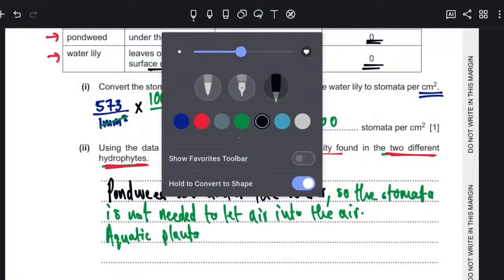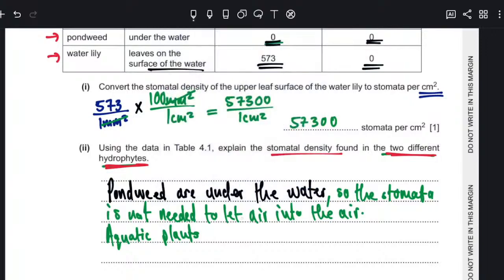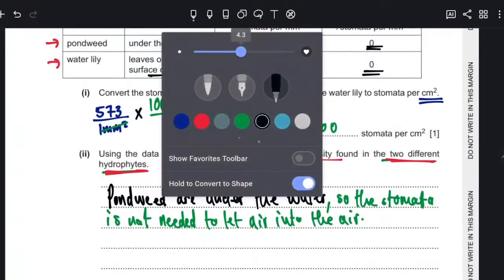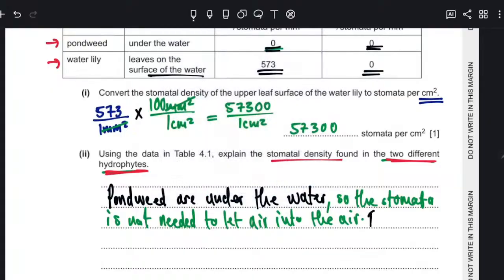Then they are going to do diffusion, but they'll be dissolved inside the water, the carbon dioxide and the oxygen, and they'll get into the leaf, whatever, it doesn't matter how. I don't want you to call it passive diffusion or direct diffusion, where it moves from one surface to another. That's still okay, where it moves into the leaf cells directly from any part. That's an important one. We don't need the stomata for that.